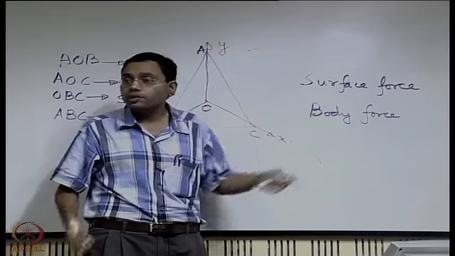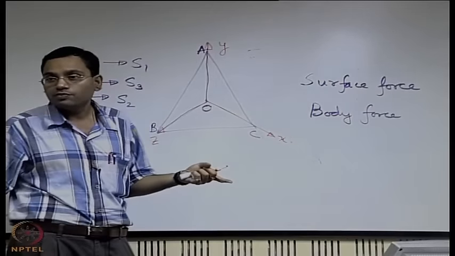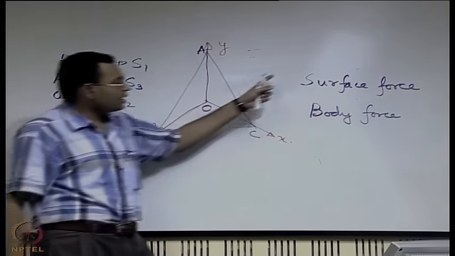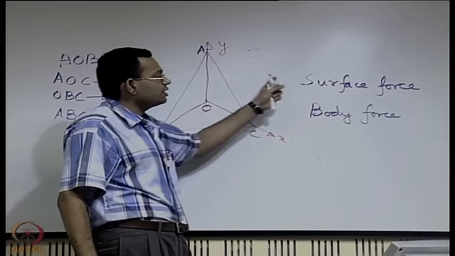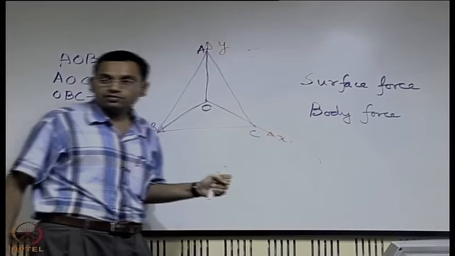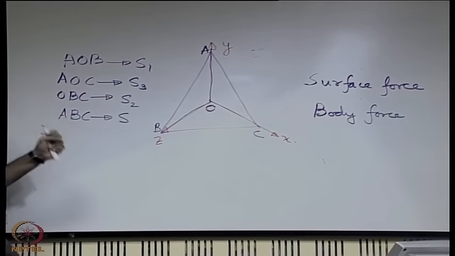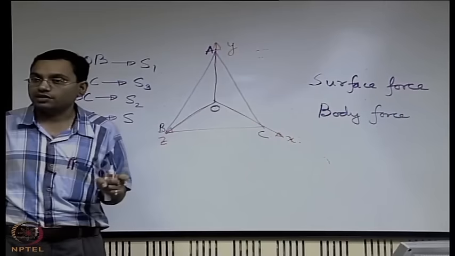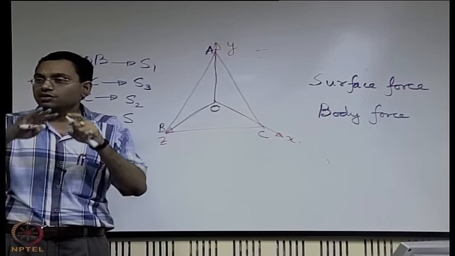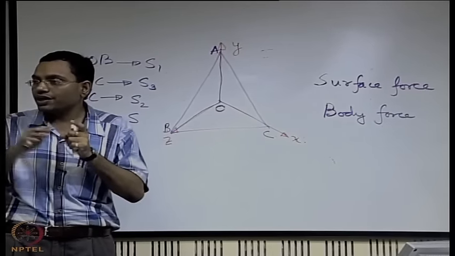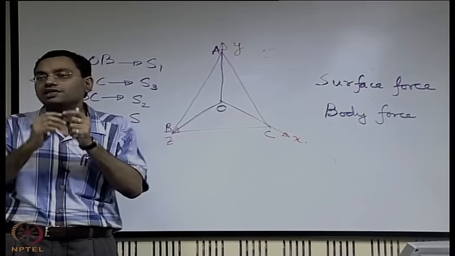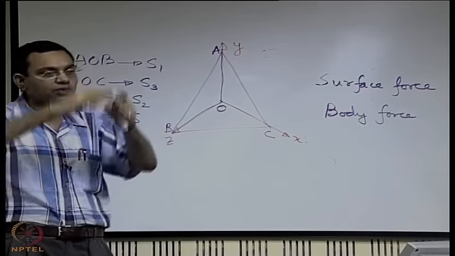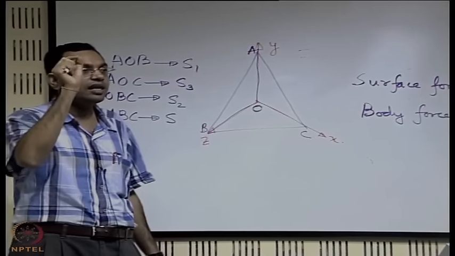Surface force, pressure is an example, force due to pressure is a surface force. Whenever we have surface force, it may be expressed in terms of the traction vector, because we have defined the traction vector in such a way that on a surface it represents the resultant force per unit area. So, it represents the cumulative effect of all forces acting at that point on the surface.